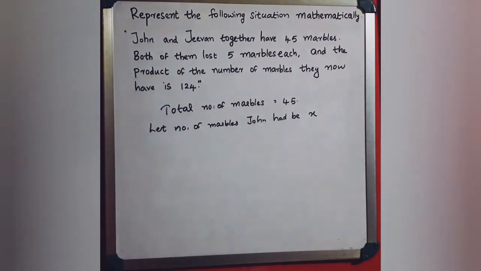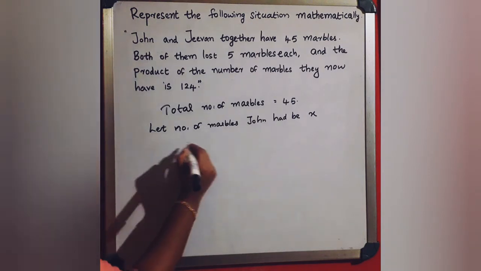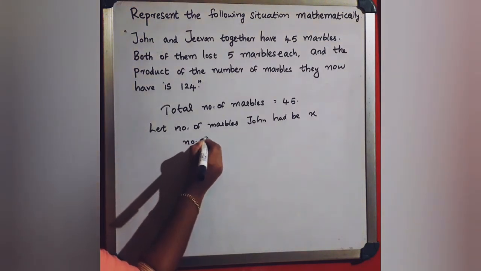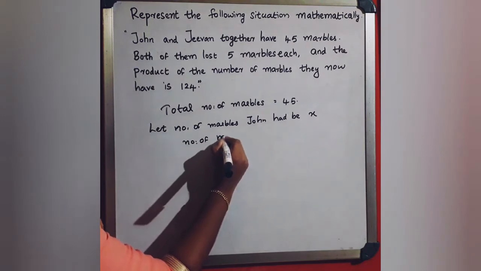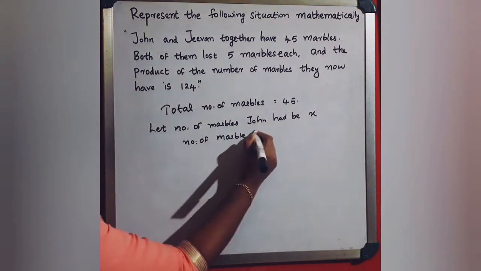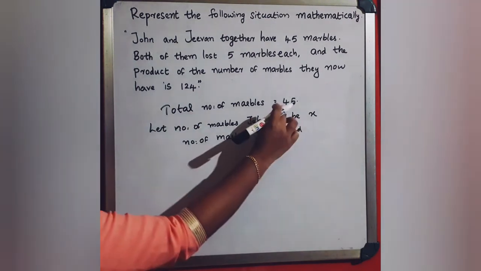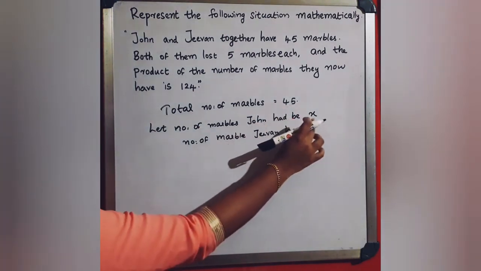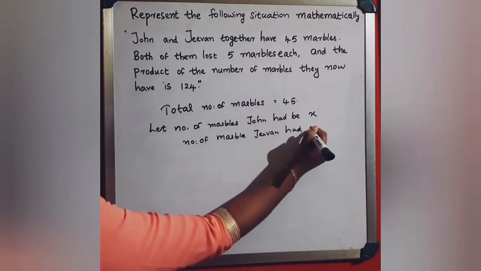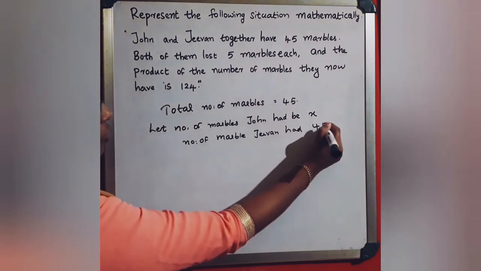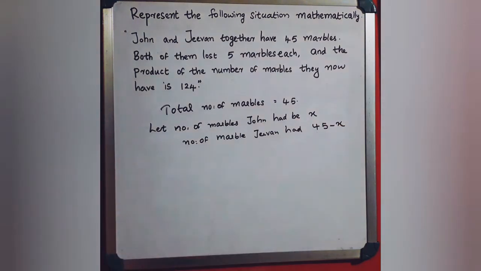The number of marbles John had is x. Then what is the number of marbles Jeevan had? The total is 45 and John had x, so Jeevan had 45 minus x.